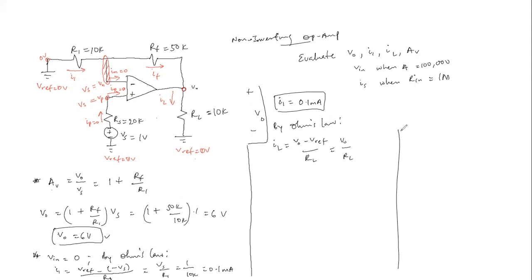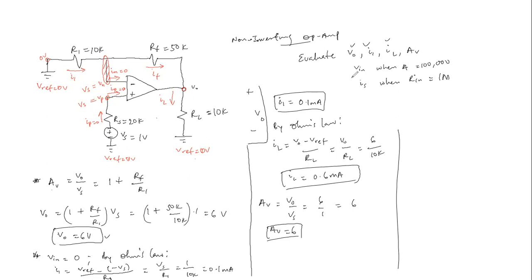We already know V naught to be 6 volts, which is 6 divided by 10k. So I sub L is the same as 0.6 milliamps. Then the next point: the closed loop gain is the same as V naught divided by V sub S. We know V sub S to be 1 and V naught is 6. So that's 6 divided by 1, which is equal to 6. So closed loop gain is the same as 6.